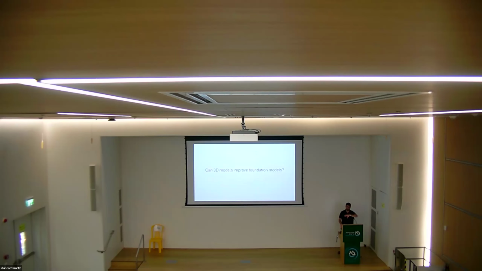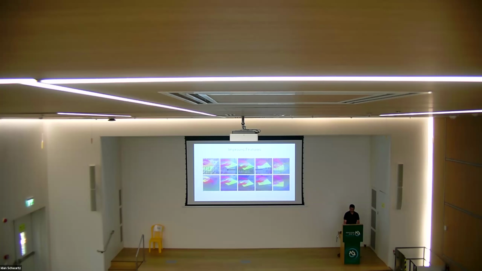So going back, if you like. Instead of this direction, where we use the foundation model to train a 3D model, we want to reverse the arrows, right? So it turns out that the model I just described, if you take your original DINO features and you re-render them exactly in the same position, then they're much cleaner. They're now 3D consistent.